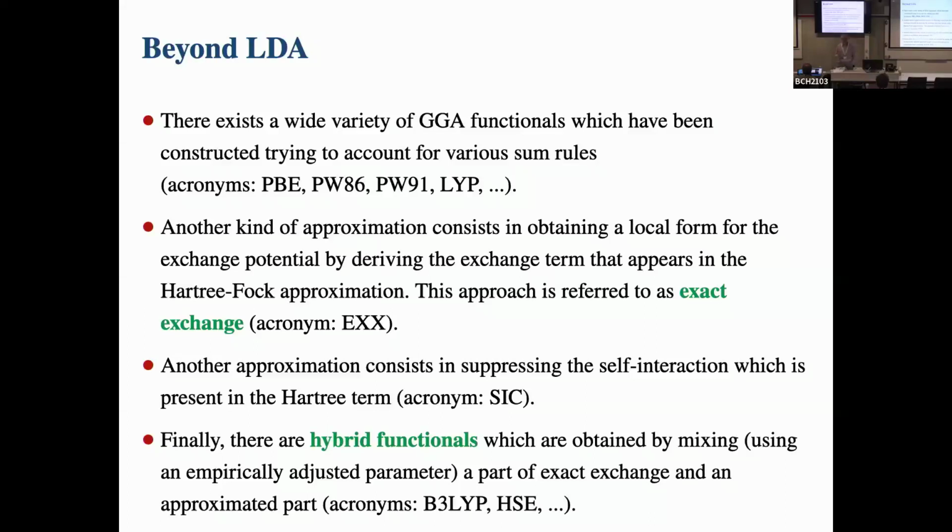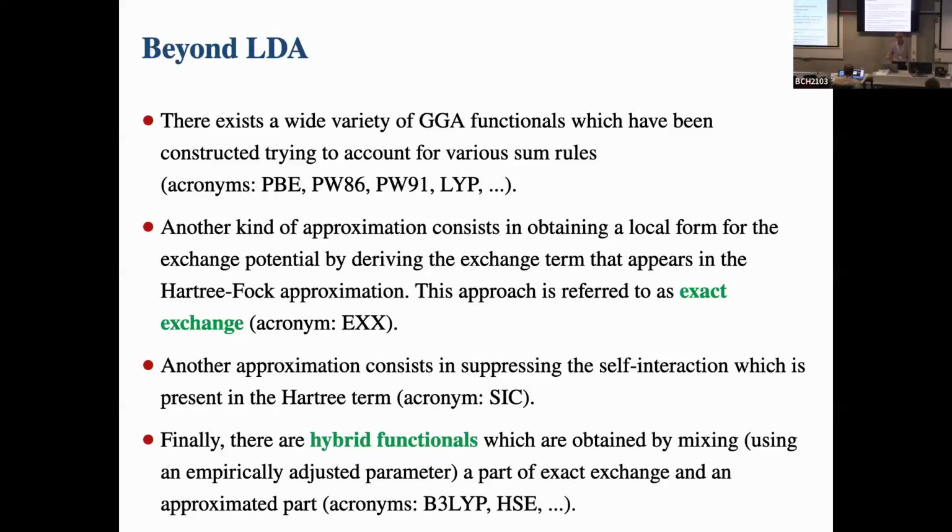So you have probably all heard about PBE, so that's Perdew, Burke, and Ernzerhof formulation. There is an expression that is more accurate for solids, PBEsol, but in the past, so you see the numbers there are the dates, 1986, 1981 for Perdew and Wang in both cases. And so there are different methods. Then there is another kind of functional, which tries to say, okay, we know that there is some exact exchange in there, so let's try to derive an exact expression for that and put it in there and just remain with what is missing, okay?